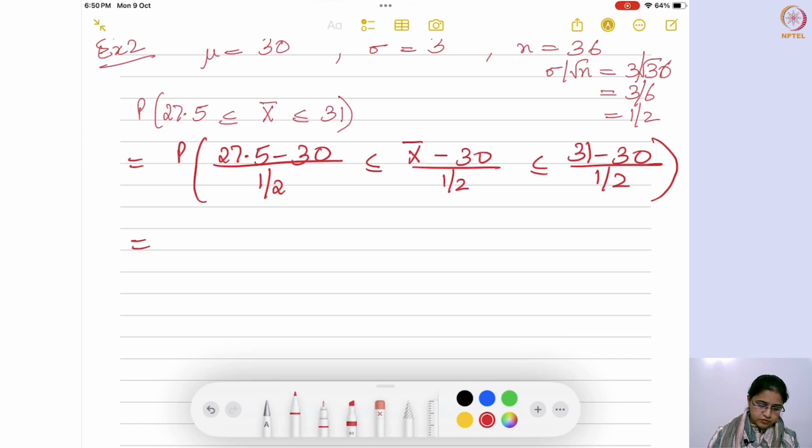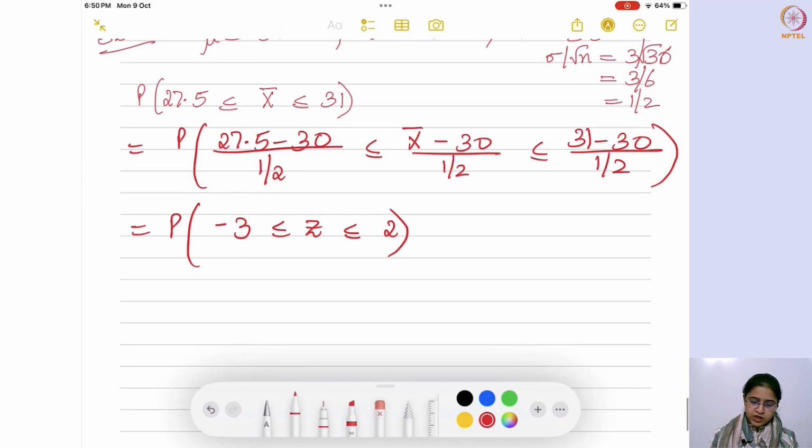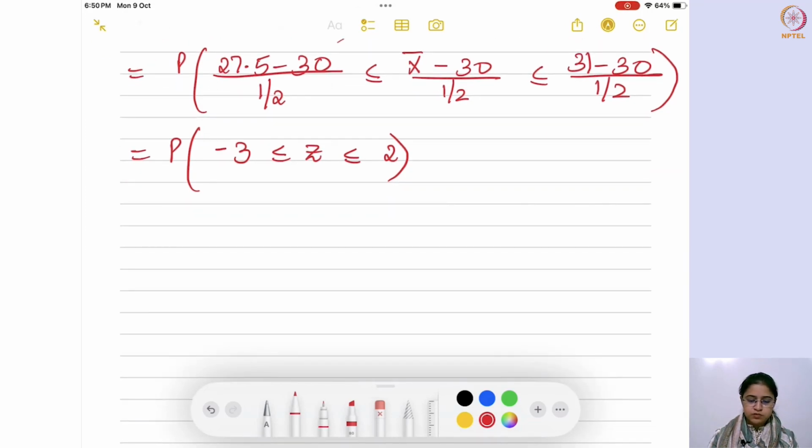What you find over here is minus 3 on this side, less than or equal to z, because this now follows the standard normal distribution, and on this side we will have 2. Whenever we have to find the probability that x lies between a and b, it is nothing but the distribution function F of b minus F of a.